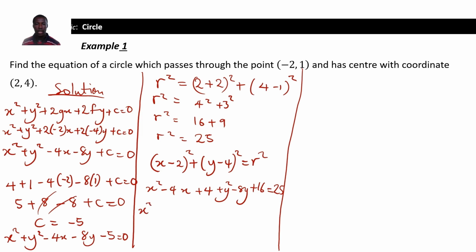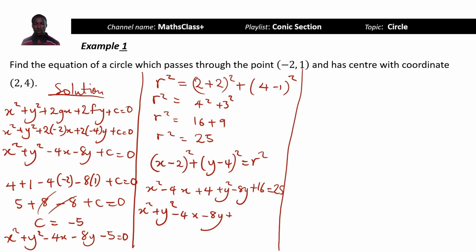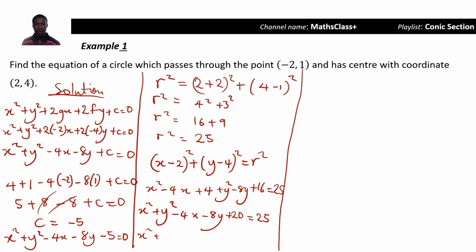So x squared plus y squared, then minus 4x minus 8y. I have 4 here and I have 16. When I add them, I'll get 20. So plus 20 is equal to 25. Now I will rearrange them as x squared plus y squared minus 4x minus 8y. So 20 minus 25 will give me negative 5 is equal to 0. And this is another way of solving it.